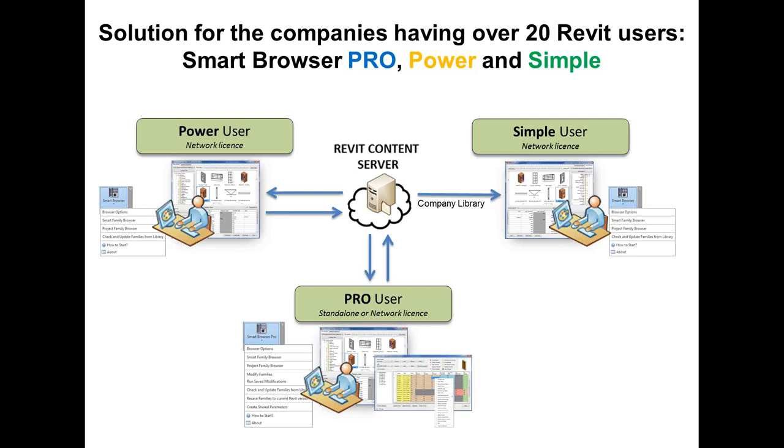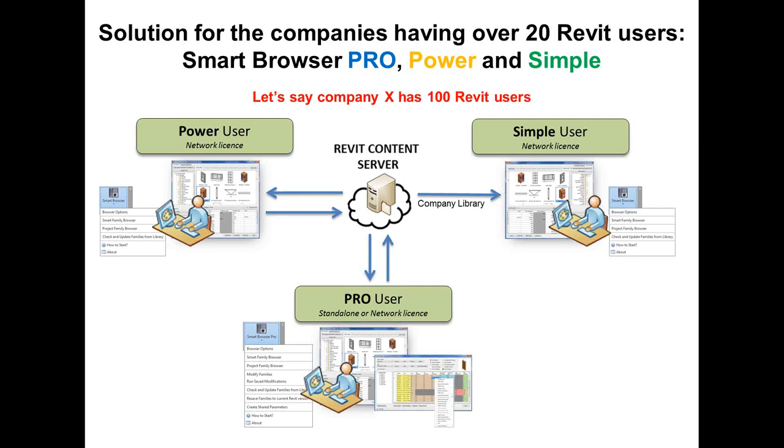He will have additional functionalities that allow him to add tasks to the families. Let's say he would like to add shared parameters, change values, delete parameters, and so on. So he will be a Pro user with the possibility to modify parameters and parameter values.